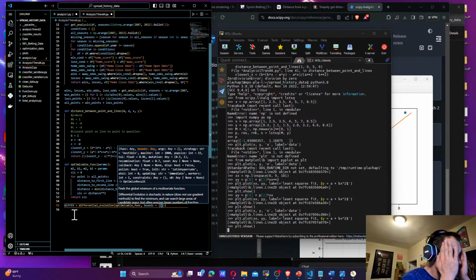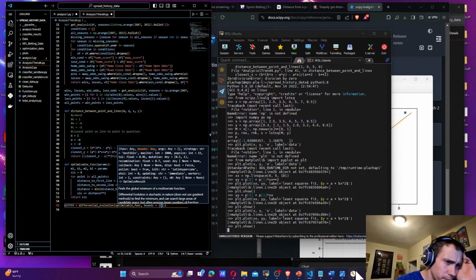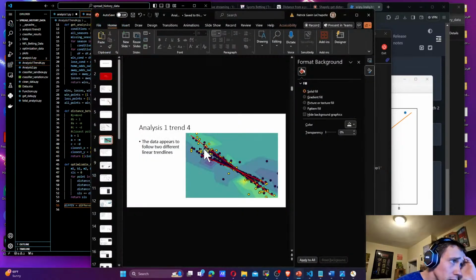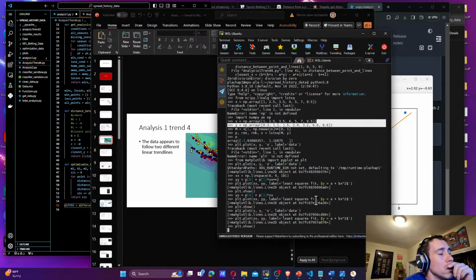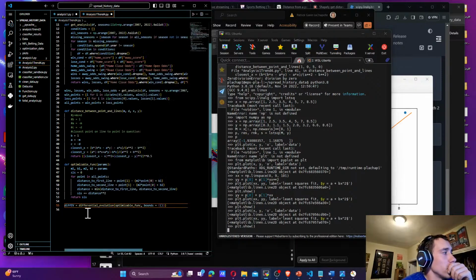Let's see, so both have a negative slope. Zero to -2, -4. Could let it vary from 0 to -4.